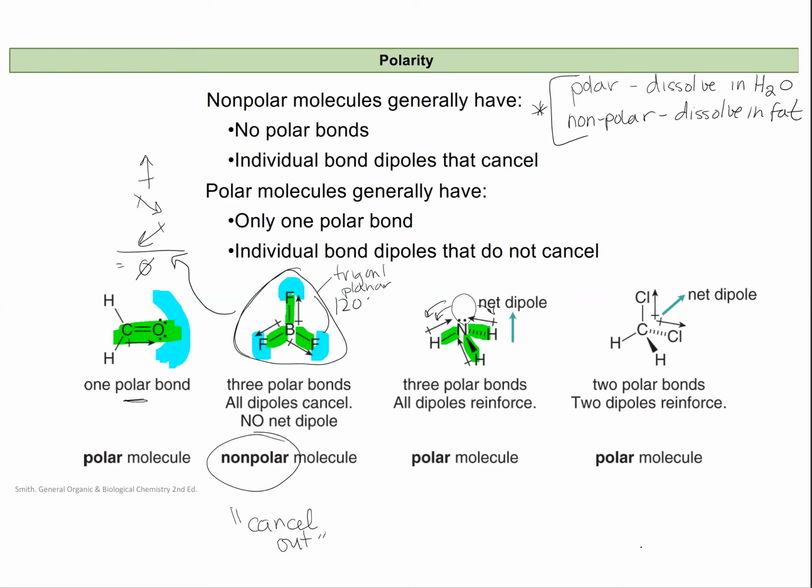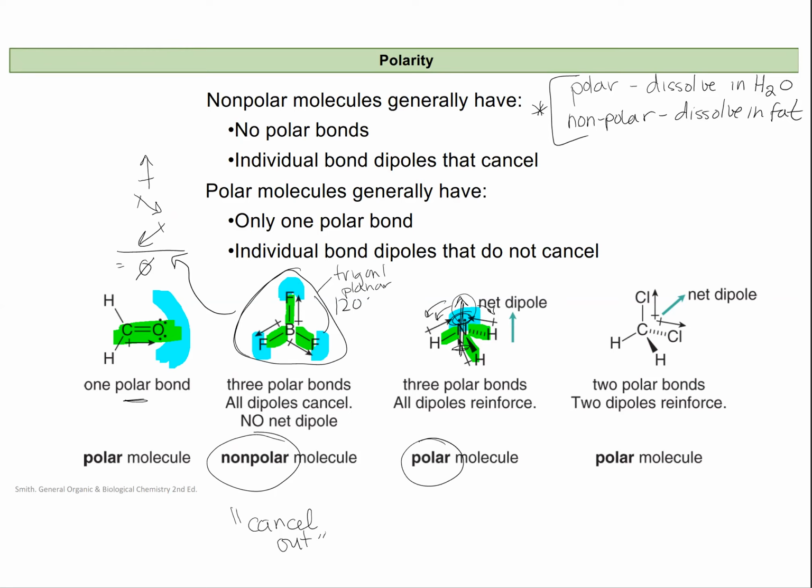Some of them do, but some of them reinforce each other, and we get this overall dipole moment that's going up here. And so in situations with a lone pair, we're going to see that we have polar molecules if we have polar bonds.